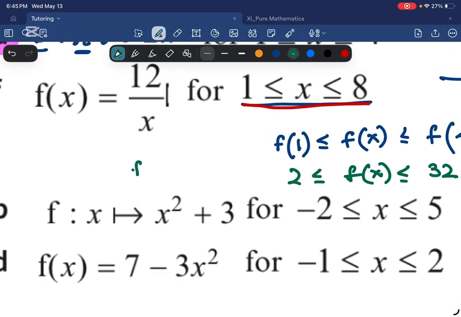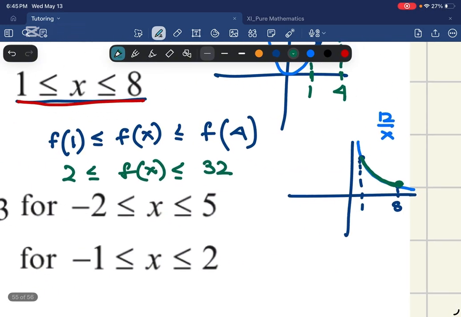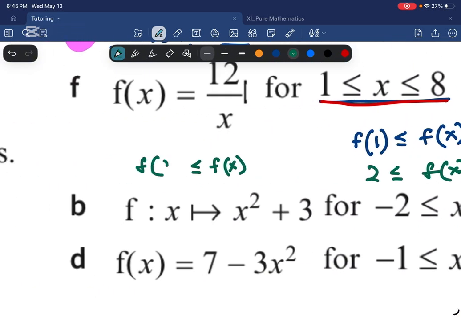Your output f of x is going to be bigger than or equal to your output when x is equal to 8, and smaller than or equal to the output when x is equal to 1. So 12 by 8, which is 3 by 2, I believe. 3 by 2 up to f of x up to 12. So that is going to be your range.